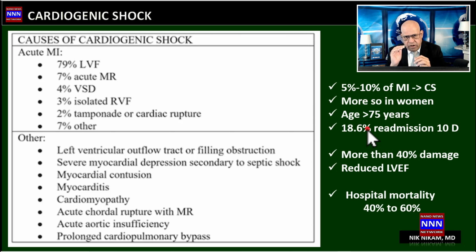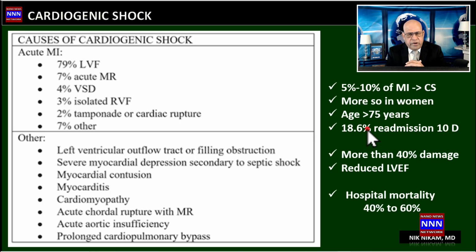It can knock off the anterior wall through the diagonals. It can knock off the apex of the ventricle and can very well involve 40% of the myocardium, thus resulting in a catastrophic pump function failure, which leads to cardiogenic shock and its complications.